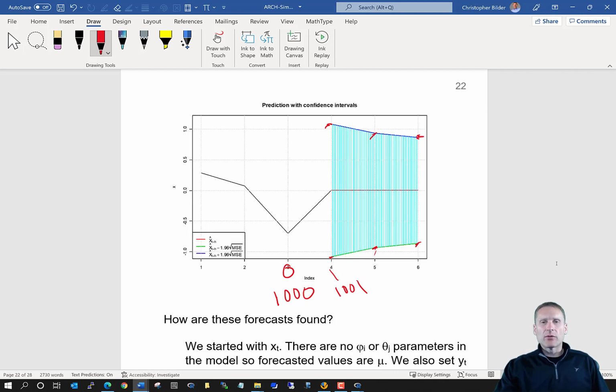I'm not really sure why, but the authors make the upper band a blue value and the lower one a green value, and we have all these weird light blue lines drawn up and down there. That's a lot of busy stuff. Here's then the corresponding forecasted value. Notice how that's constant for those 3 different time points, because remember it was just mu hat.